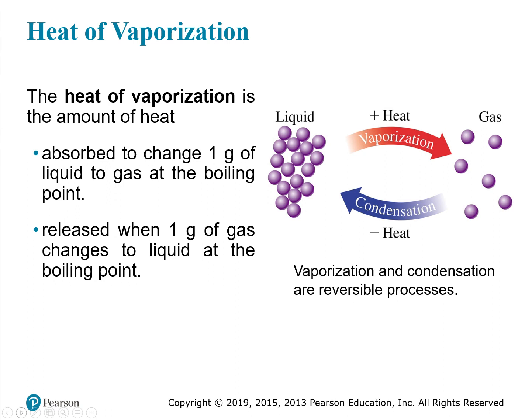Conversely, if you condense some gas to liquid, that 1 gram of gas that is going to condense, it's the same amount of heat released as what's needed to absorb and make the gas. It's kind of circular, but once you start practicing it, you'll understand how they're related.